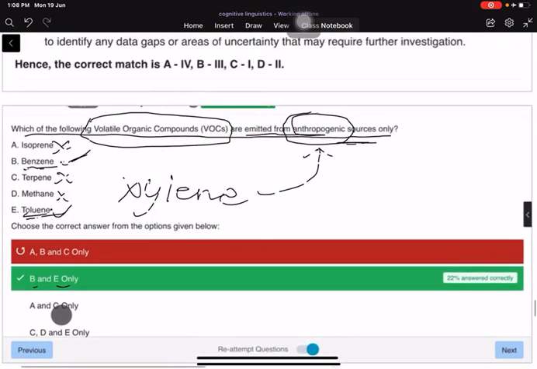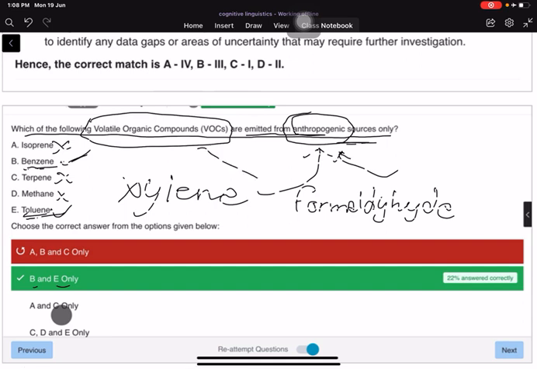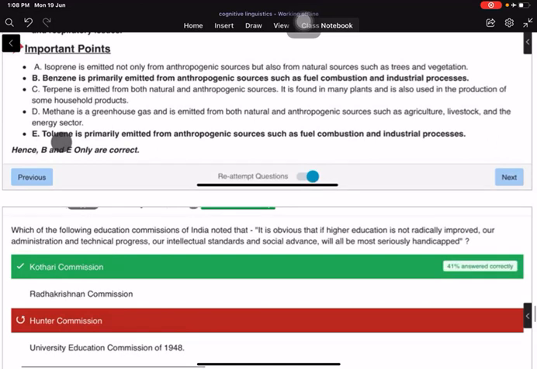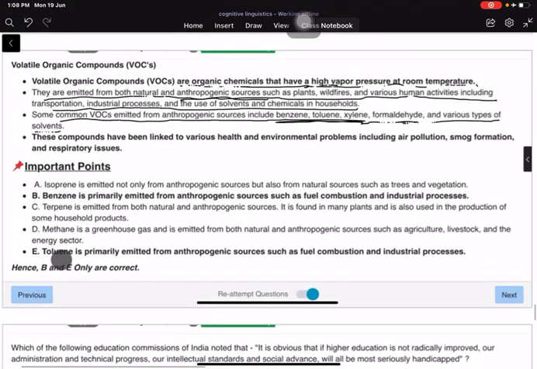Even formaldehyde is a volatile organic compound that comes from anthropogenic sources. These compounds have been linked to various health and environmental problems, including air pollution, smog formation, and respiratory issues.